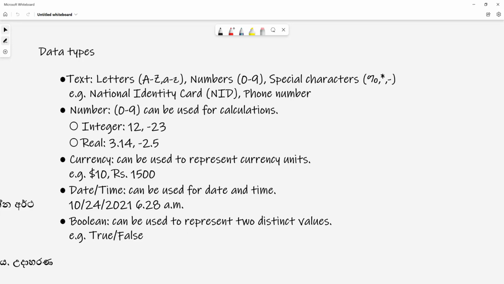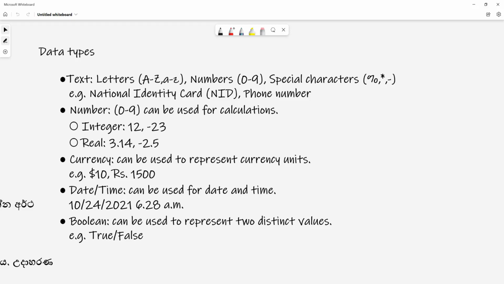For example, national identity card number, you have a bunch of numbers and a letter. Phone number, it's not really a number. You start with 0, and there should be 10 digits. So basically, it's a text.